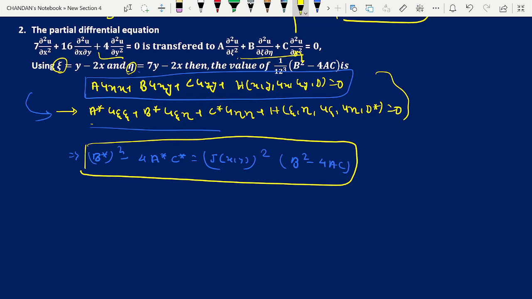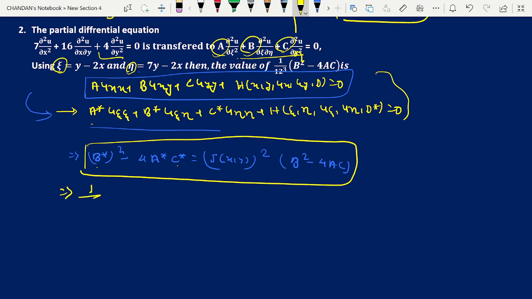Here they are talking about b, a and c. If we compare after the transformation, then b is equal to b star, a is equal to a star and c is equal to c star.